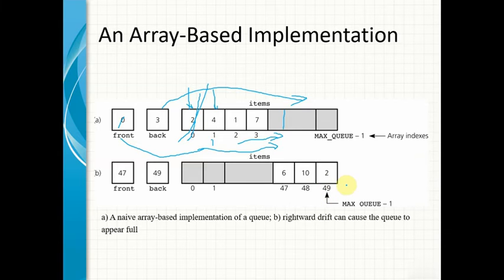It would move back to the first one, assuming that it is not that full. So in this case, what you should do is rounding the index back to 0. That is 47, 48, 49, then 0, 1, 2, and 3.